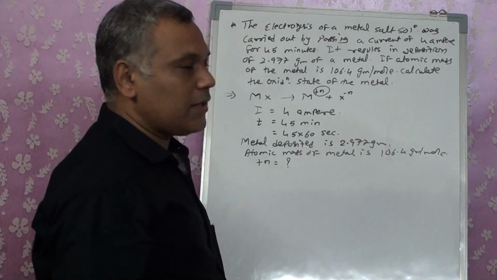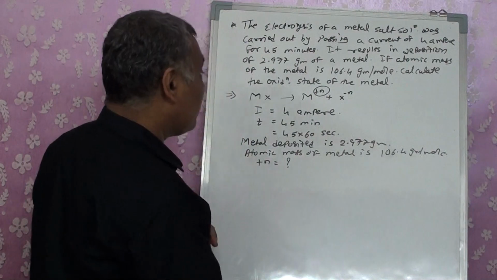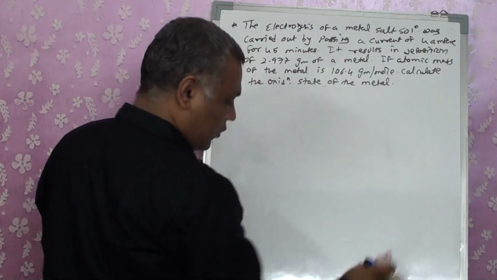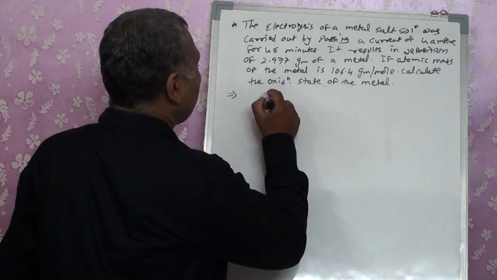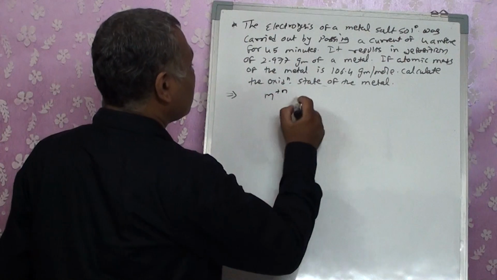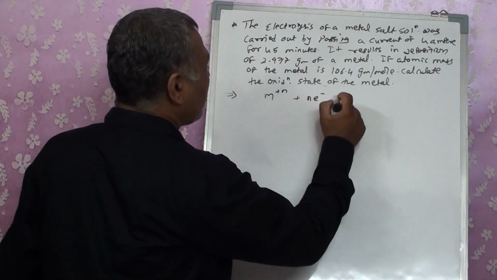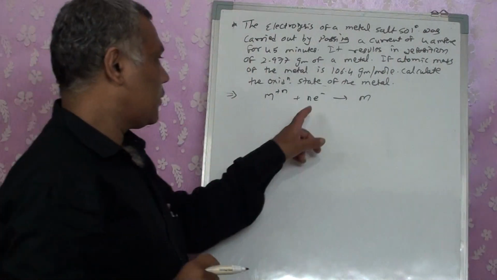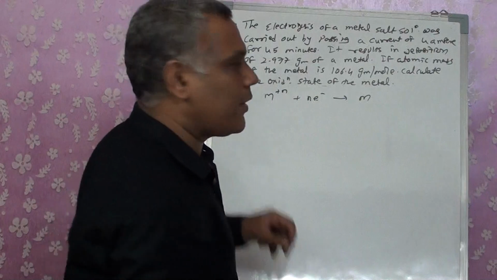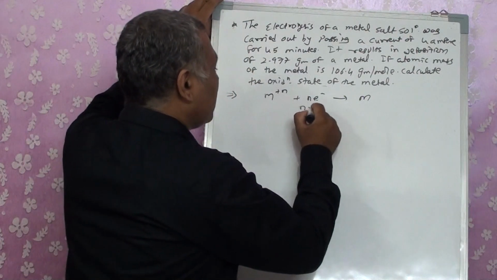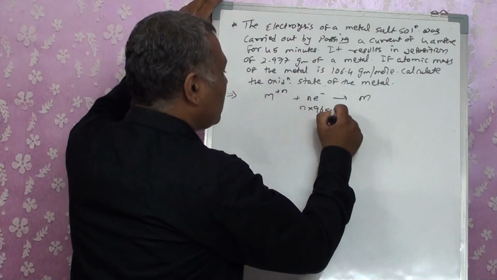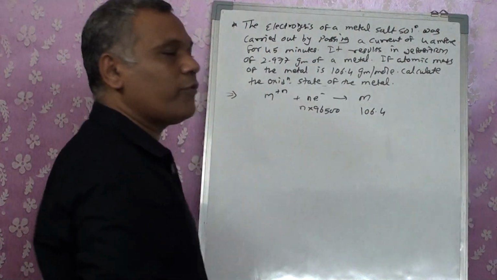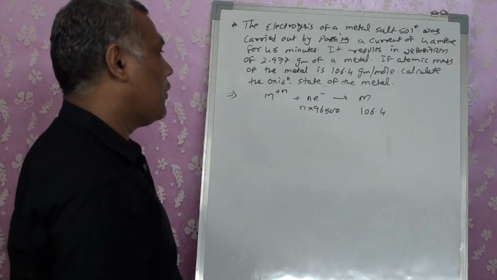The very first thing I have to do is, for the given reaction, the metal is going to be deposited. I'm writing it as the metal was in a +n oxidation state. So by gaining that many electrons, it will get converted into metal. So n electrons are required to produce a metal. n into 96500 will produce 1 mole, that is 106.4 gram of metal.